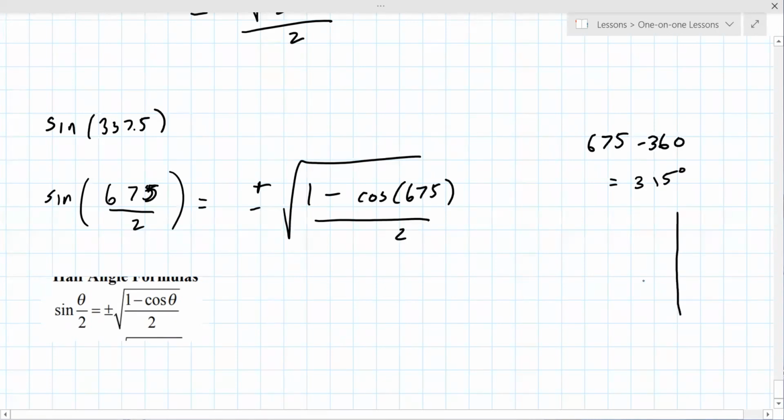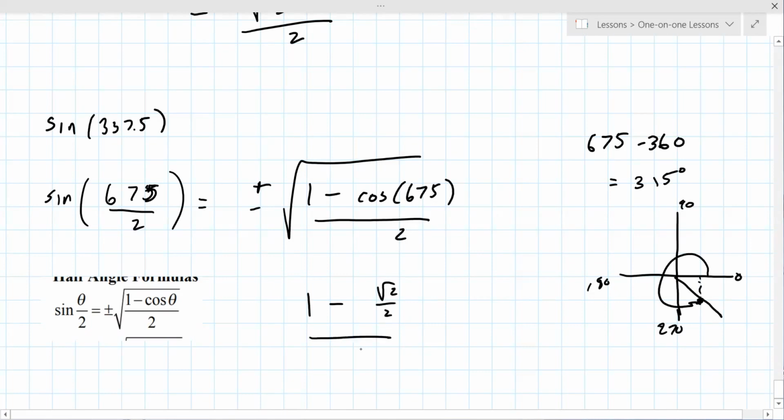On the unit circle, where is that? Well, I know 0, 90, 180, 270, so it's right in the middle there, right in between. It's a 45. So this is really equal to the cosine of 315 degrees. You could look for that ordered pair, but it's the square root of 2 over 2, all over 2, square root, plus or minus.